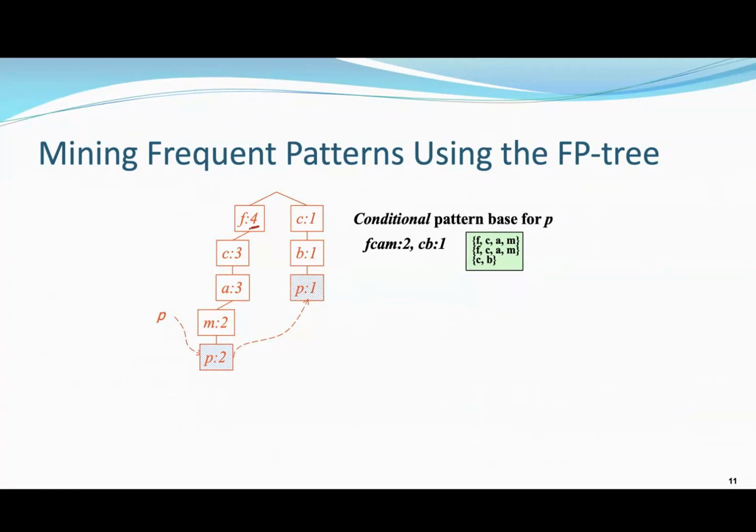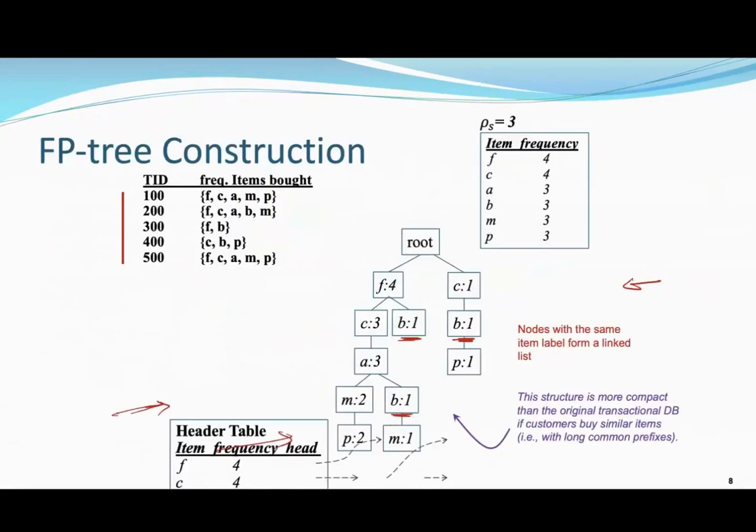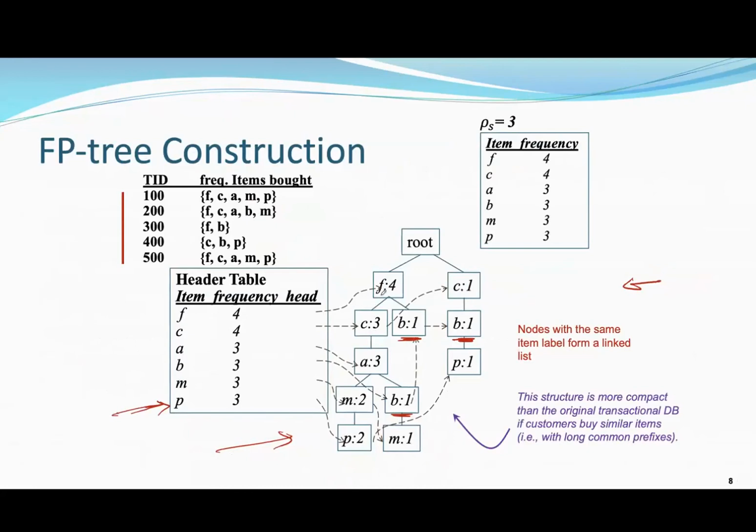However, this 4 includes things of the whole tree, right? So we have this 4 here because we have two prefixes called FCAMP. We have one prefix called FB. We have one prefix called FCABF. And that's why we have 4 here, right?